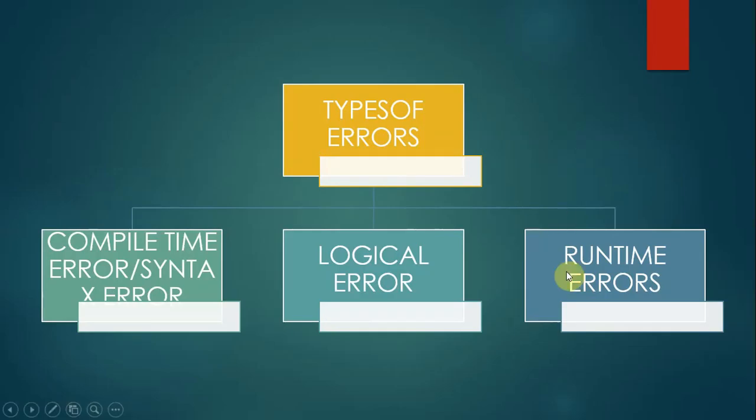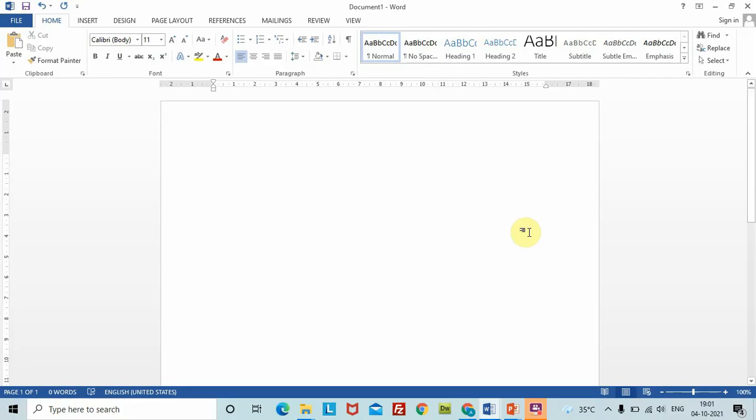Next comes the runtime error. In runtime error, your whole program is correct, the syntax is correct, but when you are about to execute your program, the value that you have given while executing is wrong. By mistake, you have entered a wrong value. Take an example.